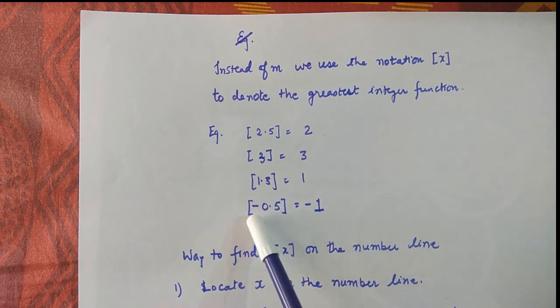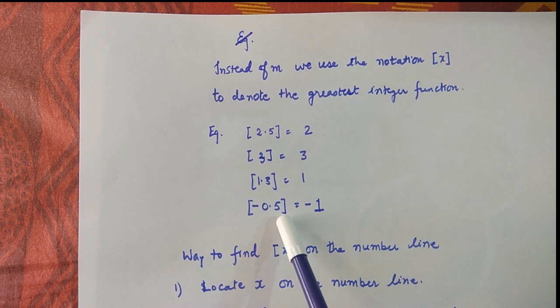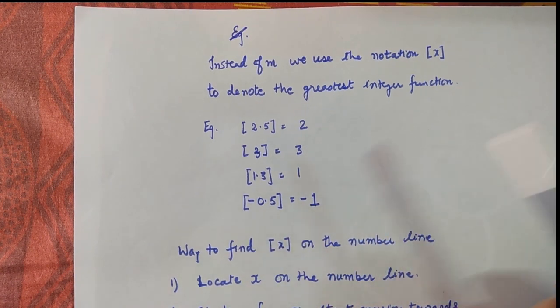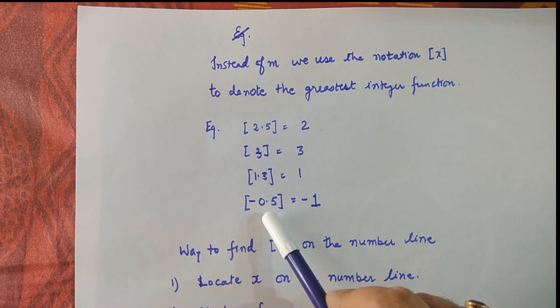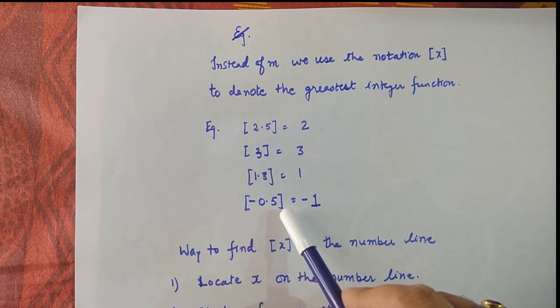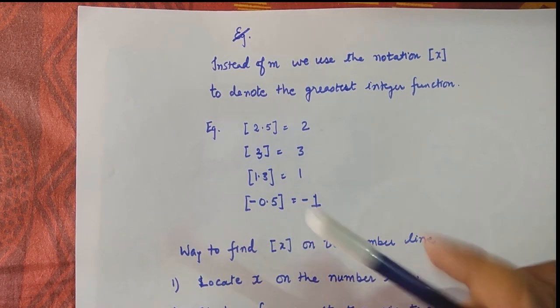Similarly, let us consider the greatest integer function of the number -0.5. The set of integers less than or equal to -0.5 is -1, -2, -3, and so on. The largest integer in this set is -1. So the greatest integer function of -0.5 is equal to -1.